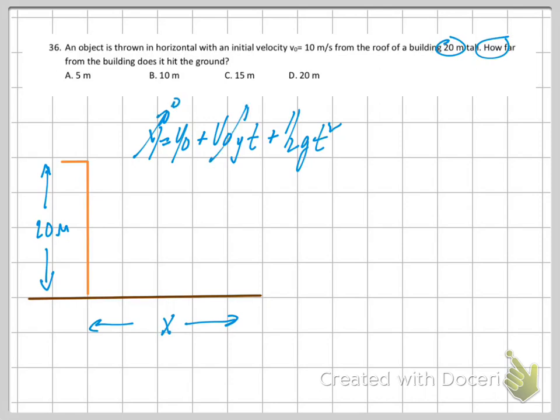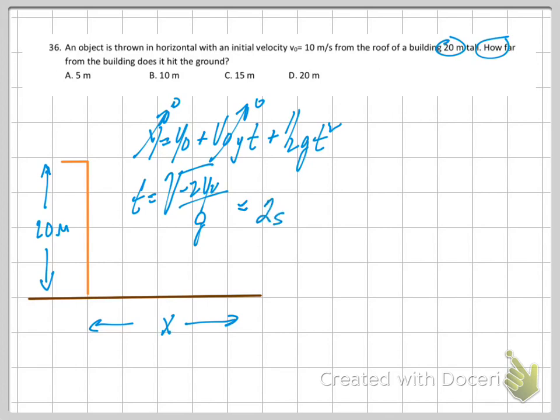Its initial velocity in the y direction is 0. So the time of flight is going to be equal to the square root of -2 times y naught divided by g. That gives us a time of 2 seconds.